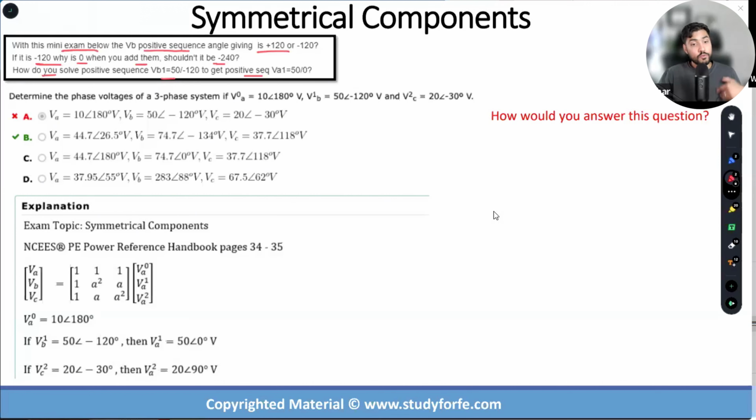Because the student is forcing a balanced scenario on an inherently unbalanced system. He was expecting a neat and clean 120-degree phase shift between A and B. Well, as you can see, even the magnitudes are off, so it's not a balanced system.